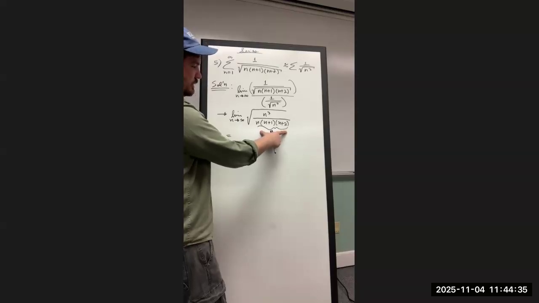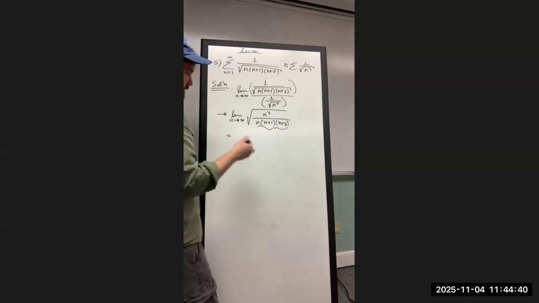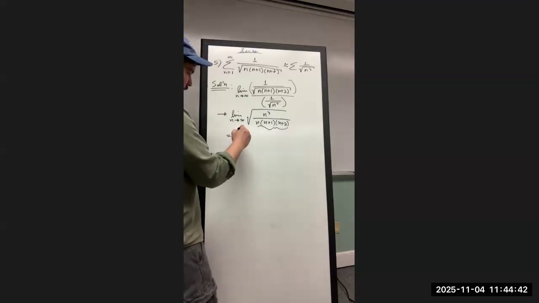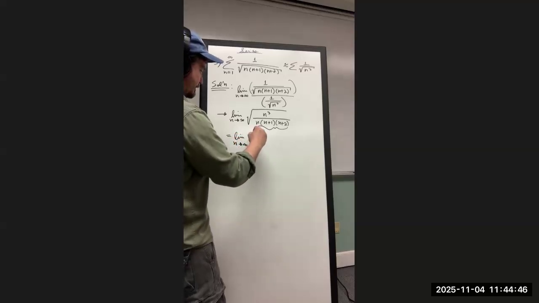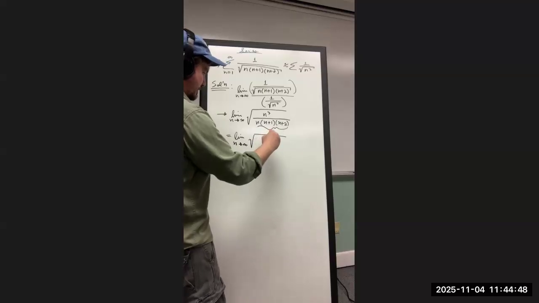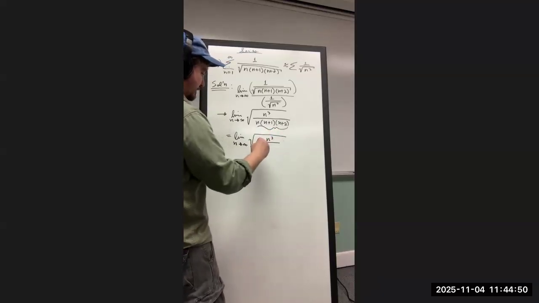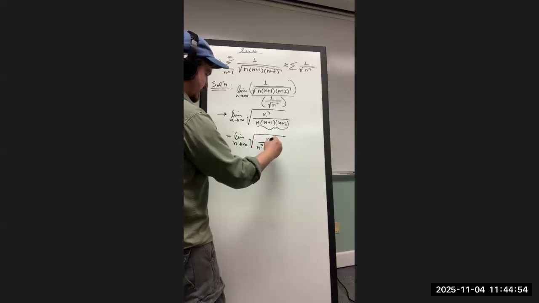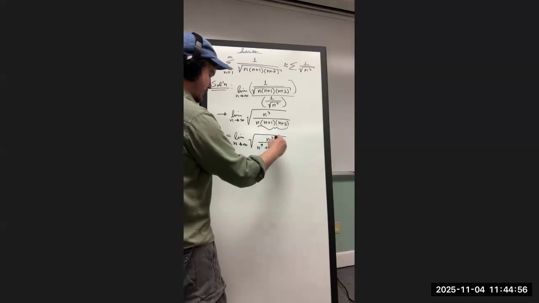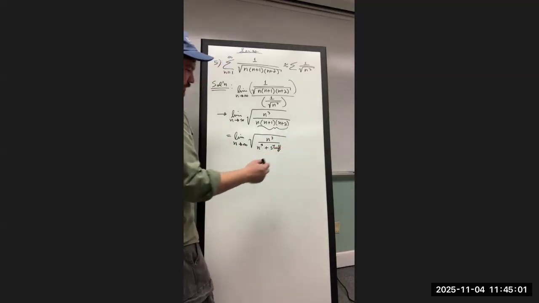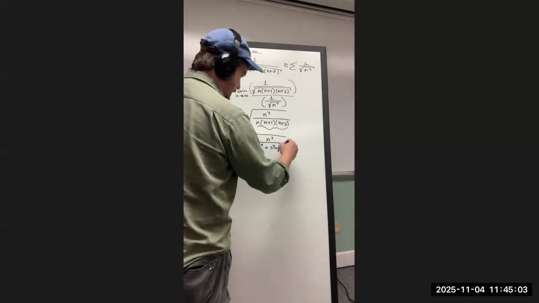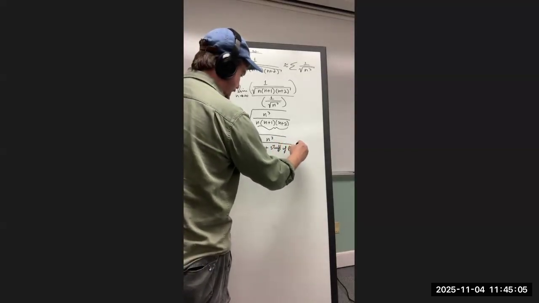The leading power will be n cubed, and the coefficient of n cubed will just be 1. I don't care about the other stuff. So this is going to equal n cubed over n cubed plus stuff of lesser degree.